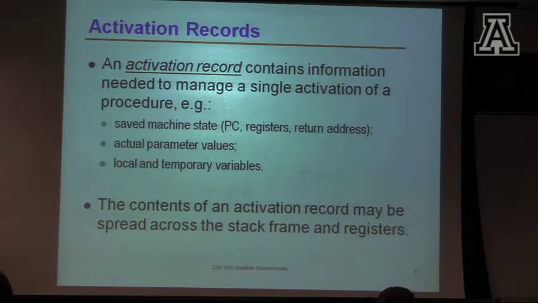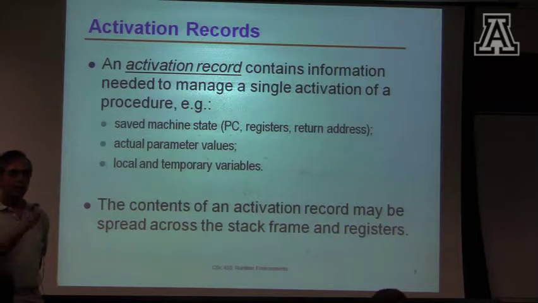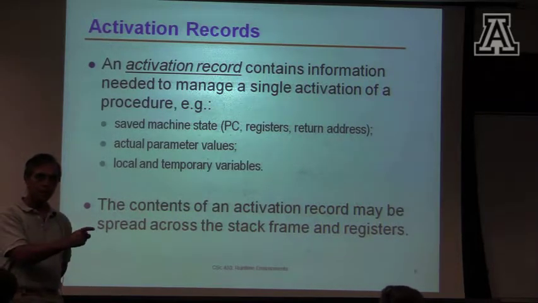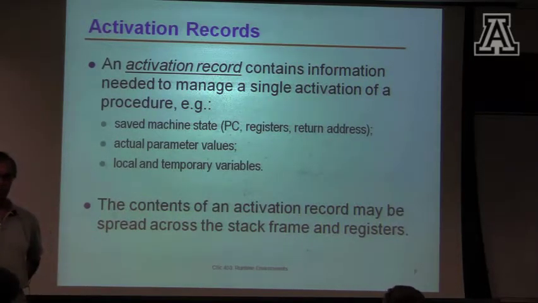OK. So going back to activations, there are two issues that the compiler will have to manage. One is mapping source-level program names to things that exist at runtime, namely memory locations and registers, within a function.